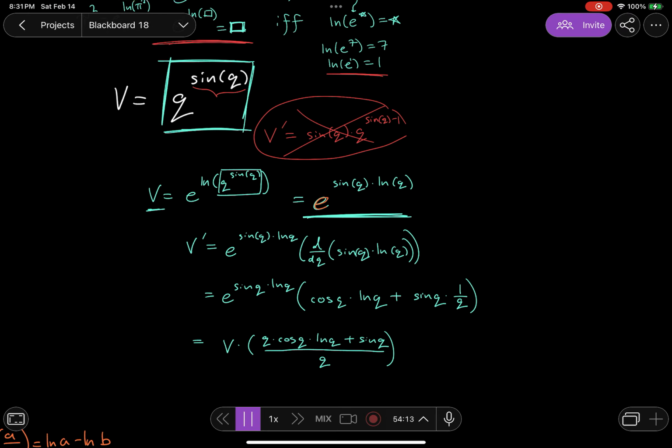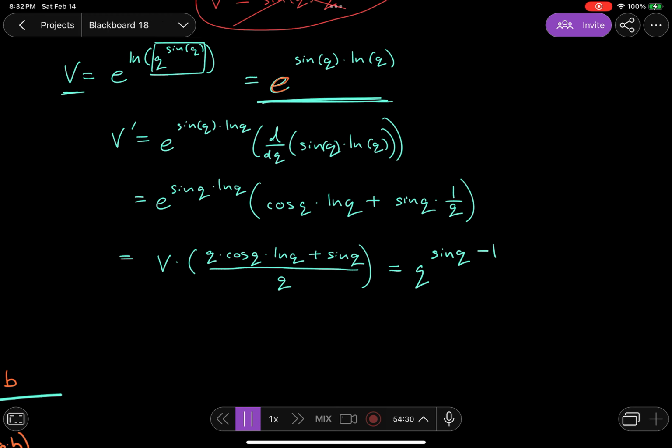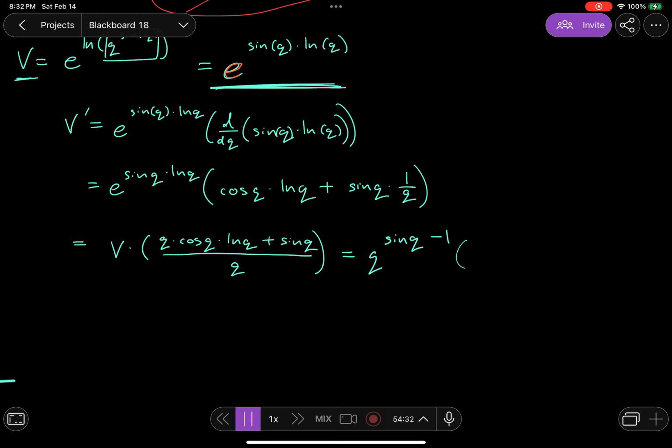And you really shouldn't have the dependent variable mixed in with the independent variable, but luckily we know that v is also the same thing as q to the sine of q. And this could sort of be my final answer. What I have is q to the sine of q minus 1 times q cosine of q natural log of q plus sine of q.